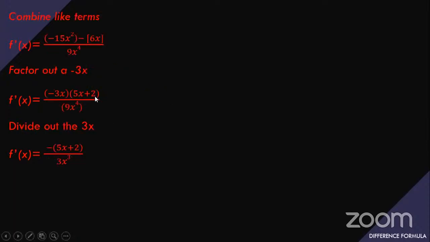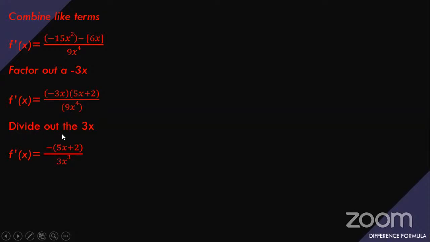Then when we combine like terms, we have minus 15x squared minus 6x divided by 9x to the power of 4. So if we factor out minus 3x, because 3x can go into all this, we have minus 3x times (5x plus 2) divided by 9x to the power of 4.